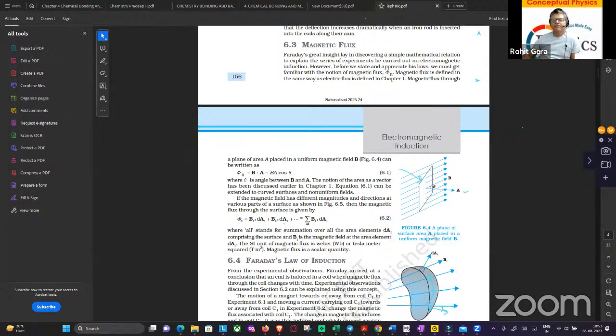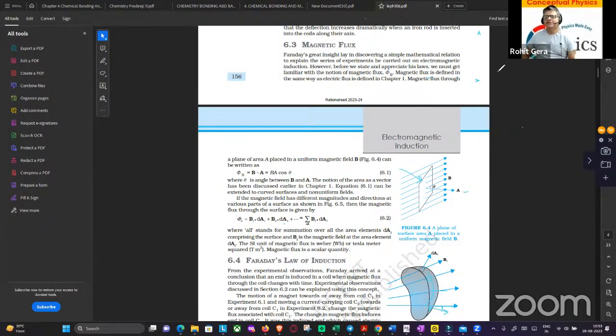अभी तक हम क्या कर रहे थे? We were just focusing our attention on what Faraday was trying to show: that there is a generation of some potential in coils if the coils undergo a d phi by dt. If coils and circuits are exposed to d phi by dt, they will have an EMF produced in them.